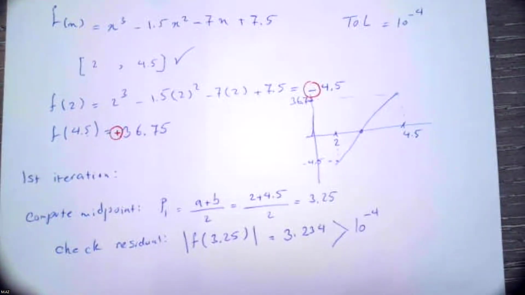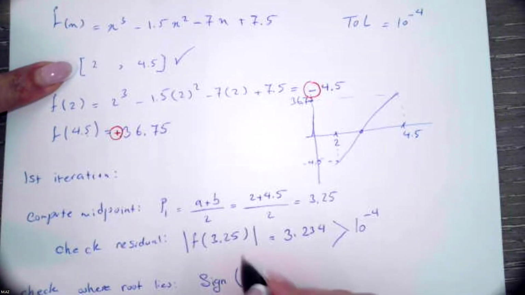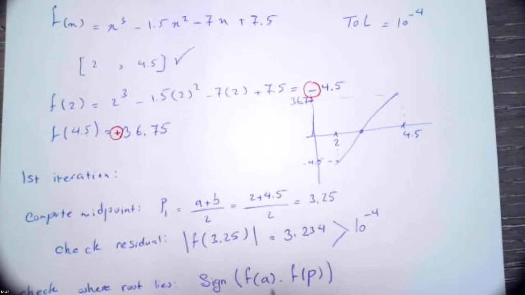But before we go to the second iteration, we should check where the root lies. Again, we are using the signum function between f of a and the midpoint.